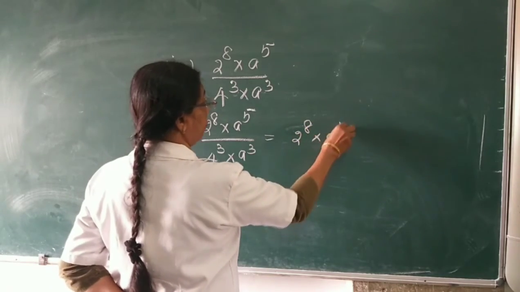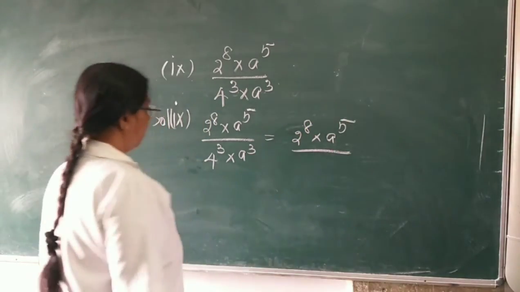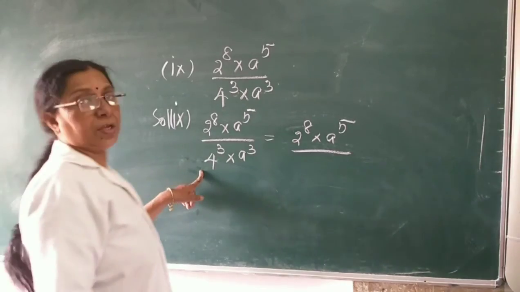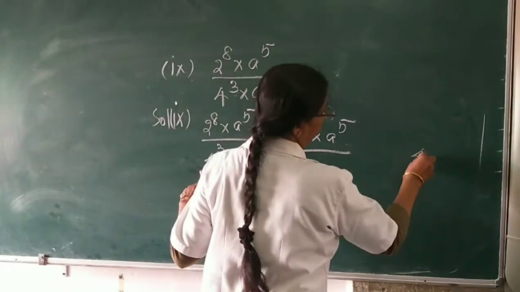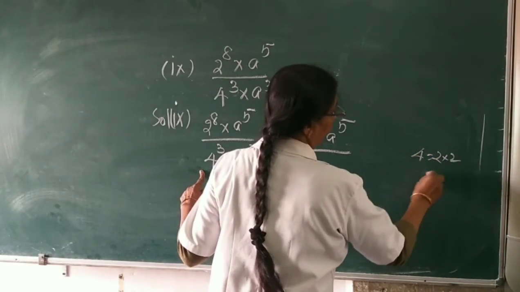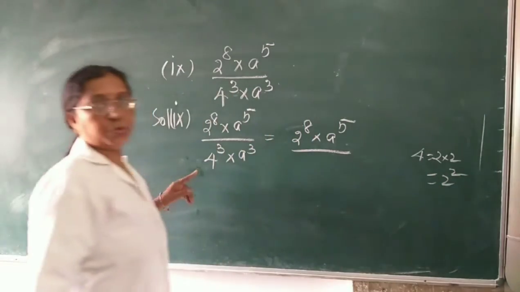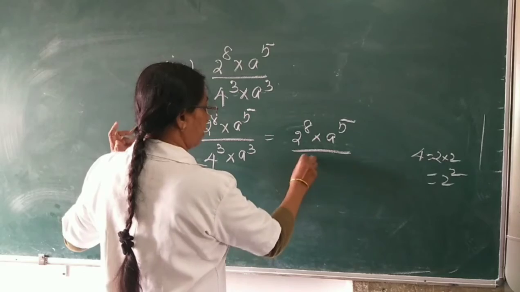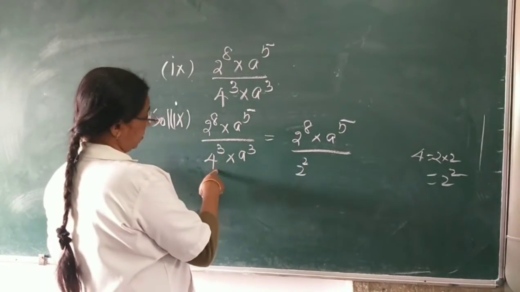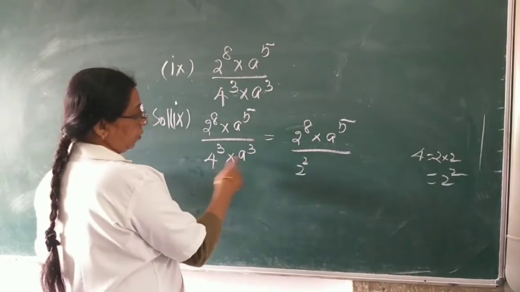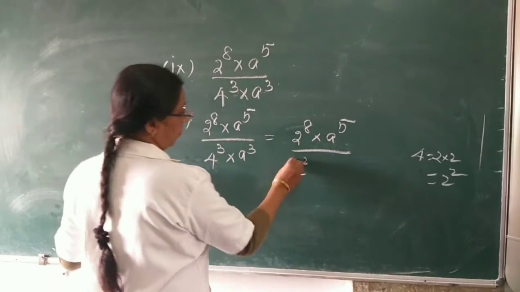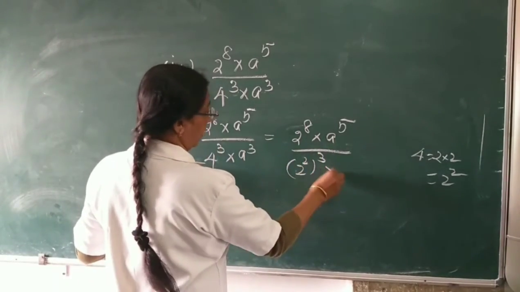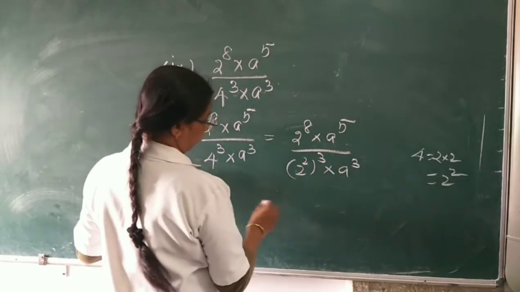We can convert this 4 as 2 square. 4 is equal to 2 into 2, that is 2 square. So we can convert this 4 as 2 square, then whole raised to 3 because it is 4 cube. 4 means 2 square, which has again a power, into a raised to 3.